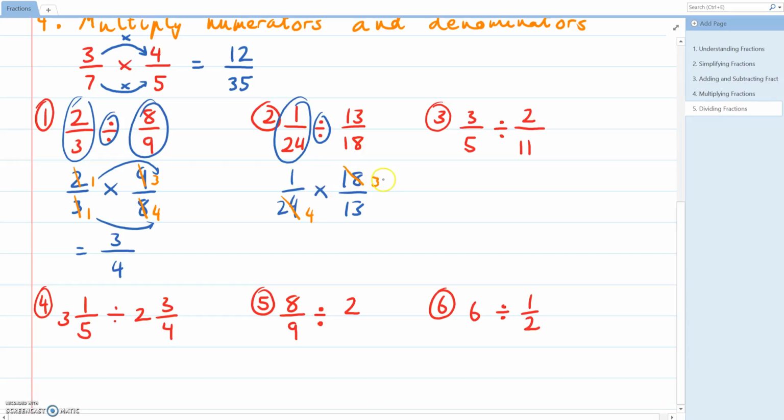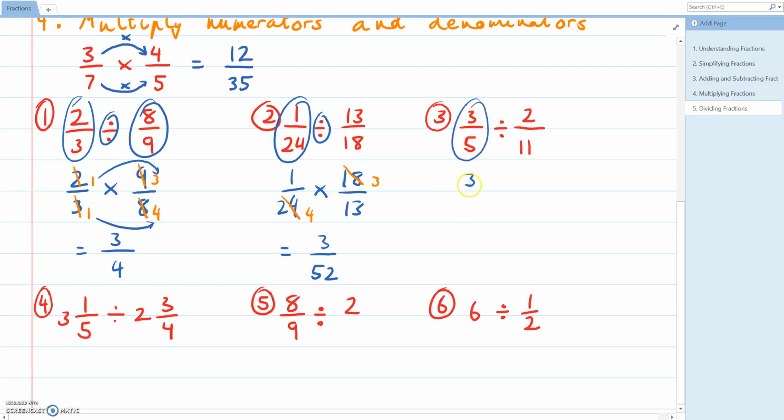Doing our multiplying of numerators, 1 times 3 is 3, and 4 times 13, bit of a tricky one, 26 is 52. That's a pretty hard one, but that's the best we can do.